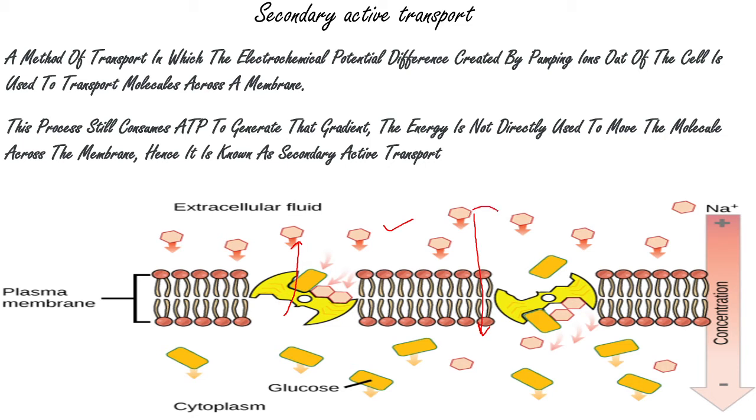These molecules re-enter through the channels along the concentration gradient. In the second step, it doesn't require energy, but to generate this concentration gradient, the primary transporter uses energy. So secondary active transport uses energy in an indirect way, so it is known as secondary active transport.